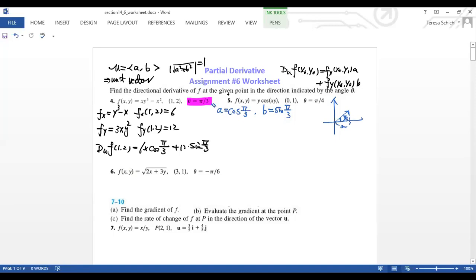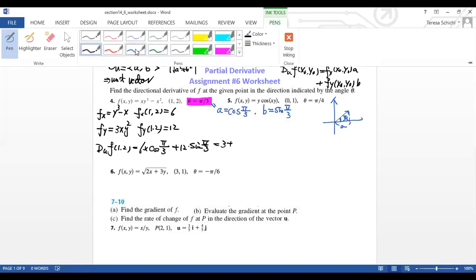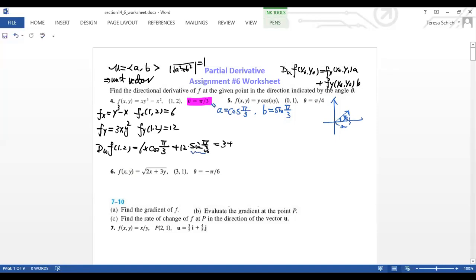What is the cosine of pi over 3? It's a half, so this is 3. And the sine of pi over 3 is the square root of 3 over 2. So my final answer is 3 plus 6 square root of 3.